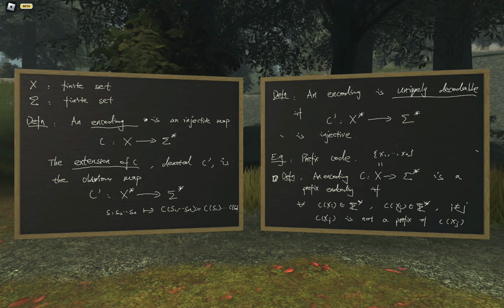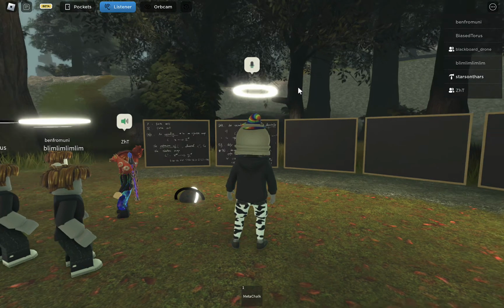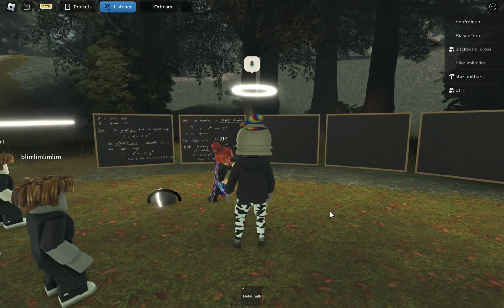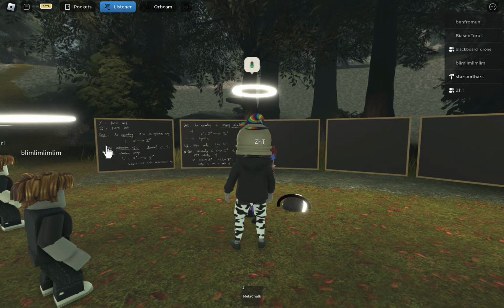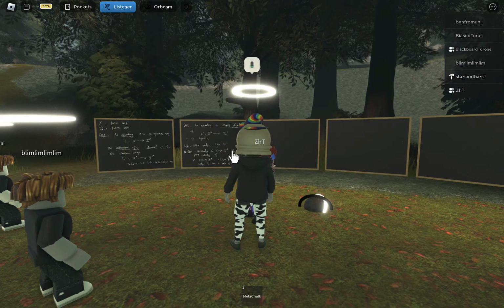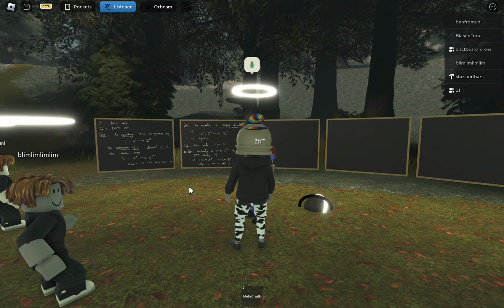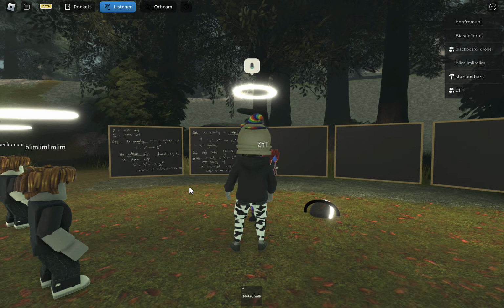So why is this? Let me ask a bit of a silly question. When we say an encoding, I guess we mean it maps X to non-empty words in sigma, right? But that's not stated. C prime will have the empty string as part of its output because you can feed in the empty string.